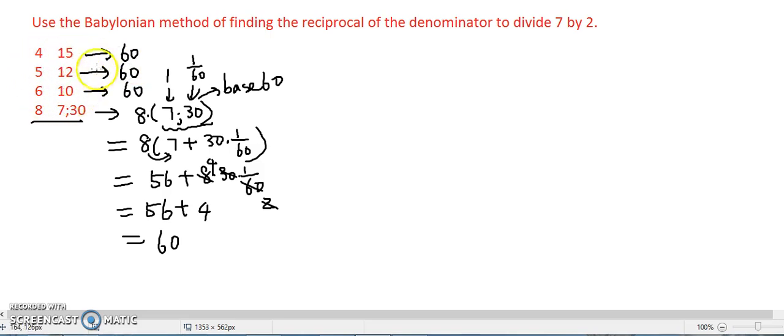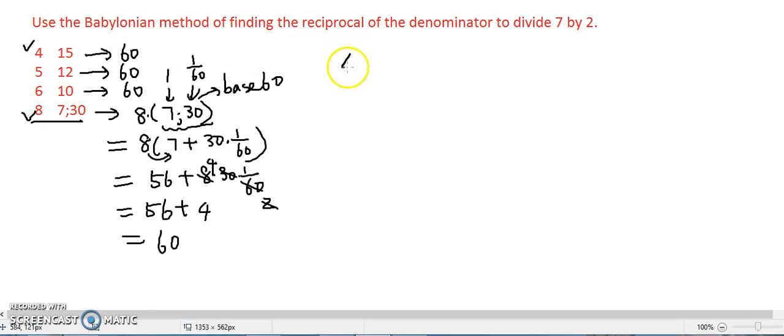And Babylonians used this table to find the reciprocal. So for example, the right column, I'm going to revise it a little bit. I'm just going to look at the first one and last one because the other two are similar to the first one.